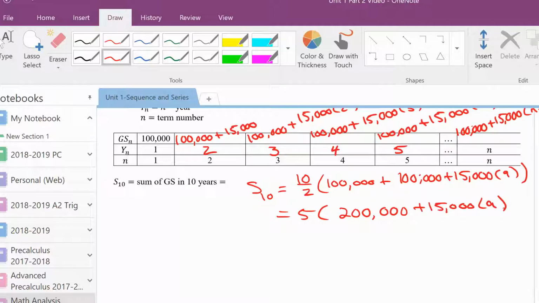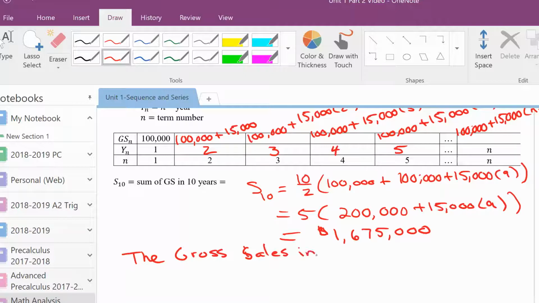So when you multiply this all out, it's going to give you 1,675,000. So you will say the gross sales in the 10 years is 1,675,000.